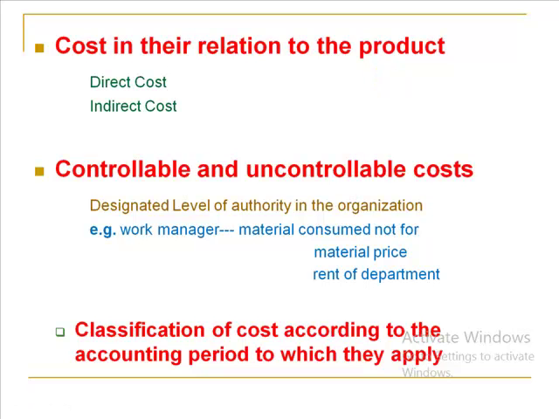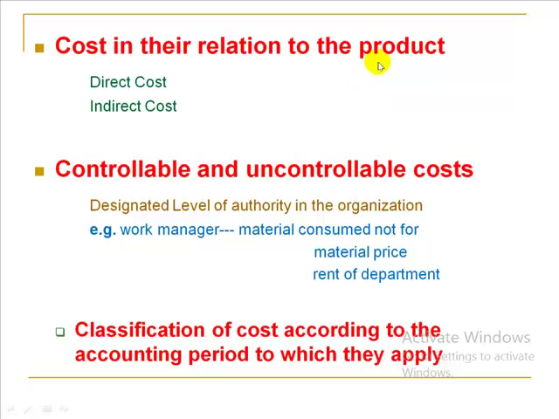Suppose we have manufactured a chair. Now the cost incurred on that chair, that product, may be direct cost or indirect cost. On a chair, definitely direct material cost and direct labor cost will be incurred, as well as the indirect cost. Indirect means indirect material, indirect labor, and other overhead cost will be incurred on that chair.